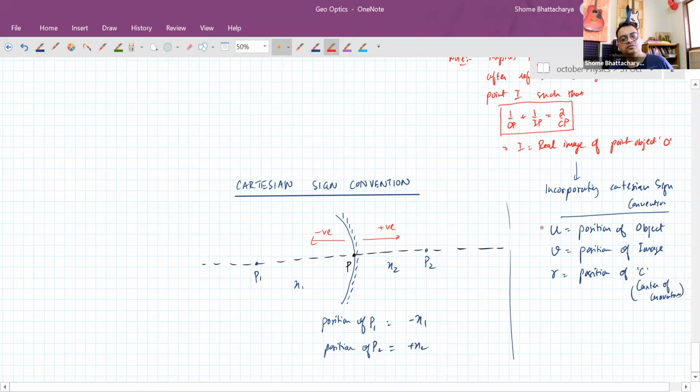So all these three are with the proper algebraic sign. So in a situation like the above case, with respect to the pole, the center of curvature is here, the image was formed here, the object was here because of this sort of reflection.